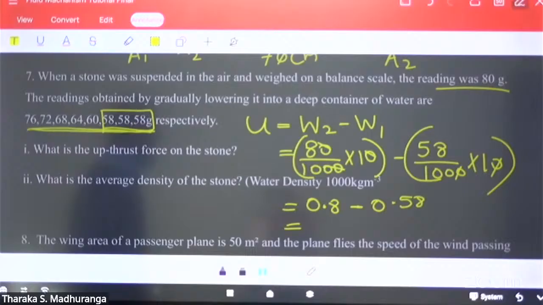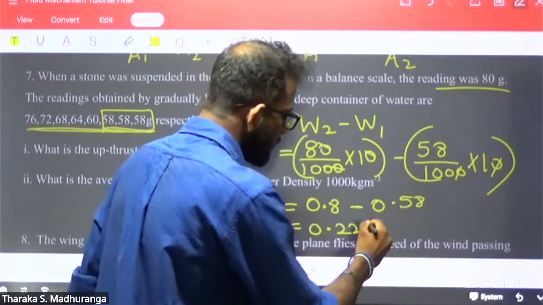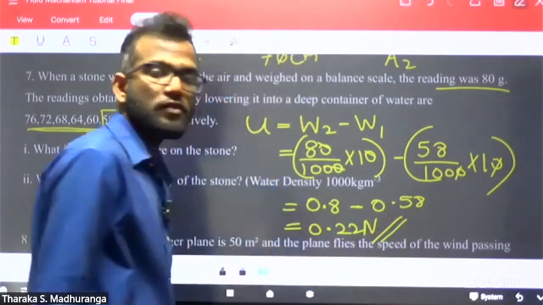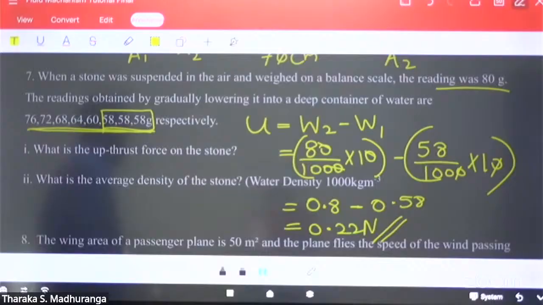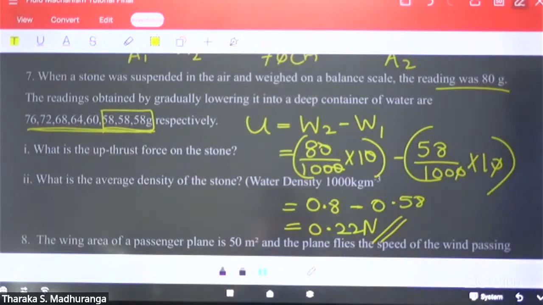That is 80 minus 58. What is the answer? 22. So 0.22 Newton is the upthrust force. Understood? If in doubt, please ask. Simple questions. If any doubt, please ask.